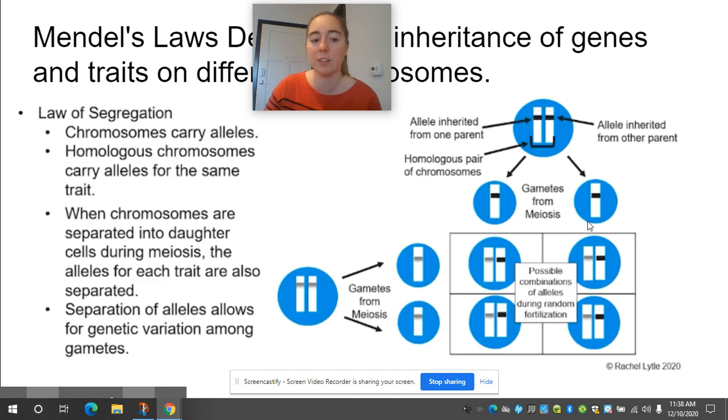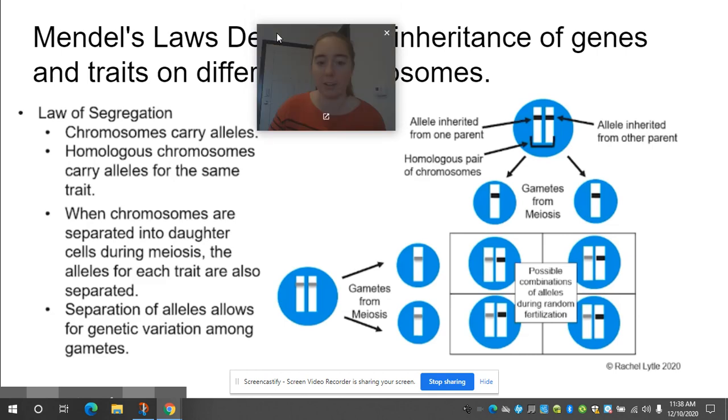And the separation of alleles is what gives us that genetic variation. So we call this the law of segregation. It's the idea that these alleles are going to break into different spots. So in meiosis, the chromosomes are going to split apart, and then in the gametes, we're going to see a different allele in each of those.